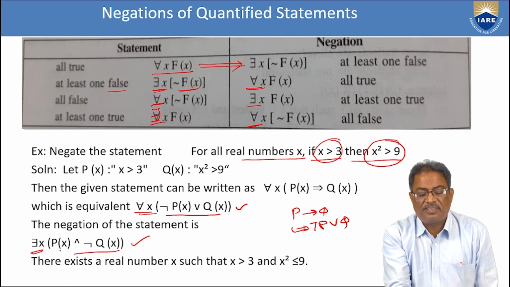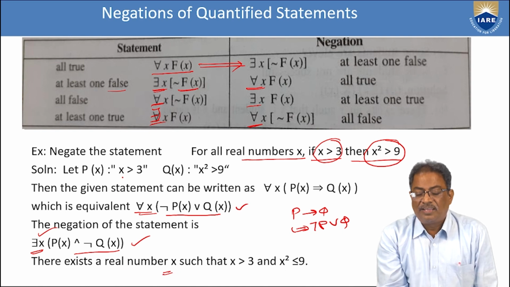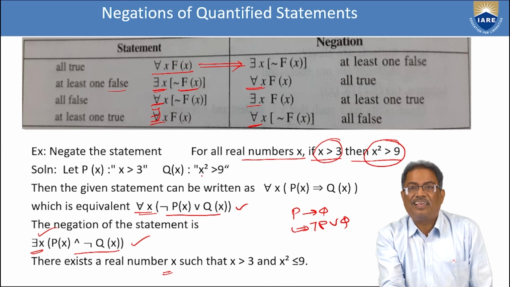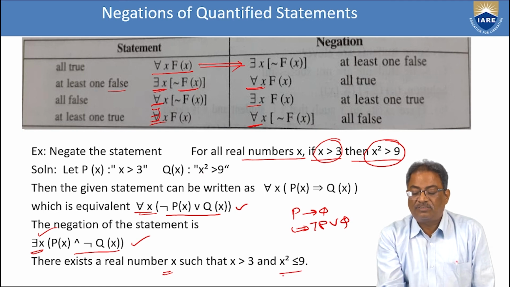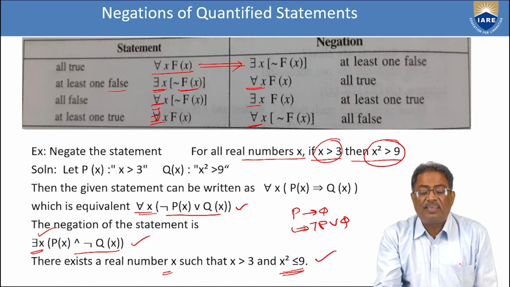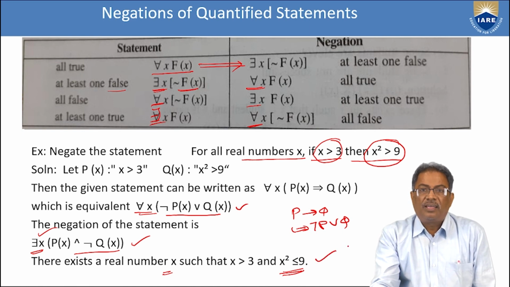So there exists a real number x such that x is greater than 3 and x square is less than or equal to 9. This is the negation of the given compound statement.